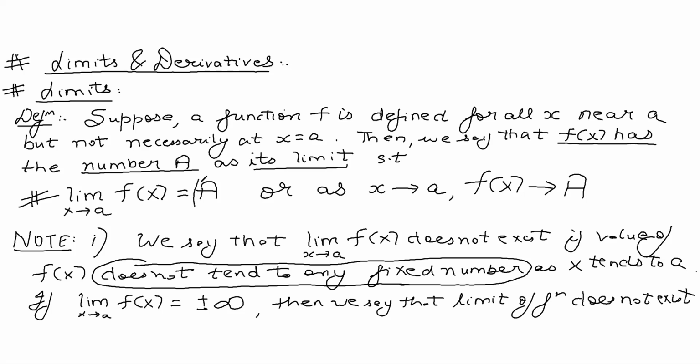Initially it was tending to a fixed number, capital A, so we said that the limit exists. But if your function is going to either plus infinity or minus infinity, in that case we say that the limit does not exist.